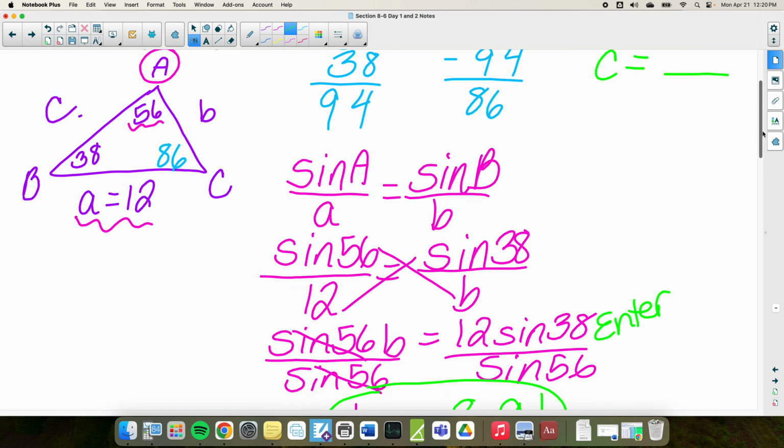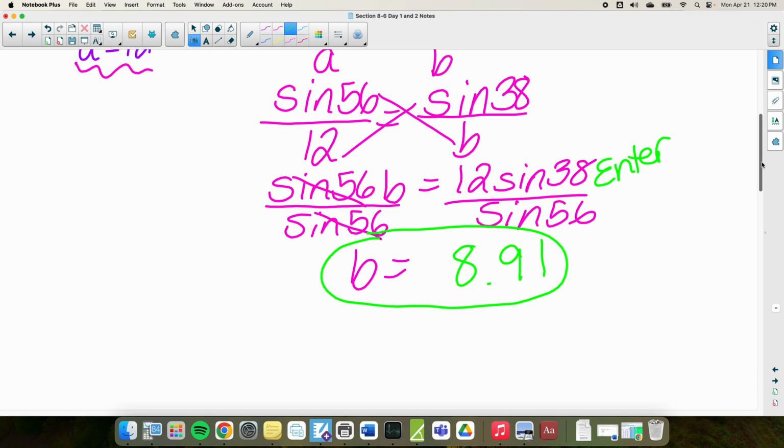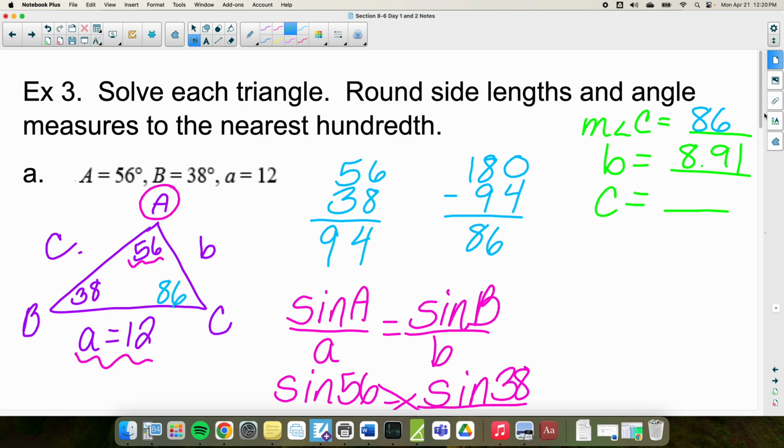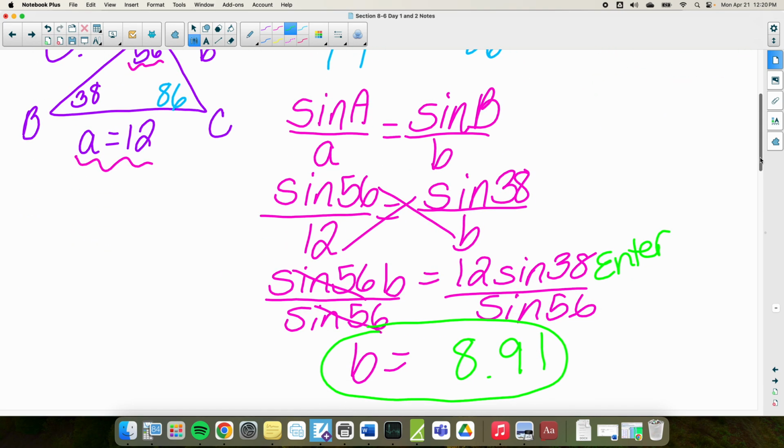Now, when I go to do the second thing, I have to find little c. I'm going to do this exactly how I did this. I'm gonna use sine of A and little a, but I'm looking for c now, so this is gonna say sine of c over little c. So let's try that.